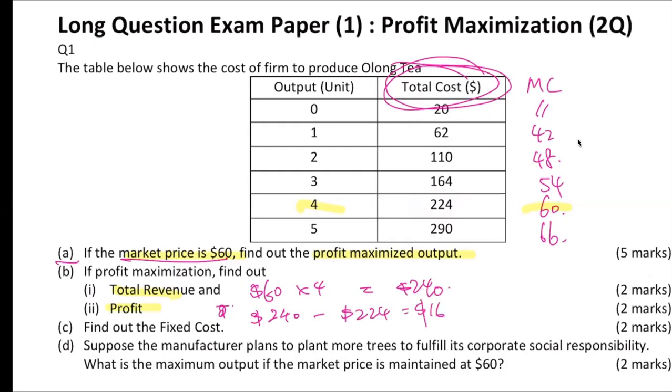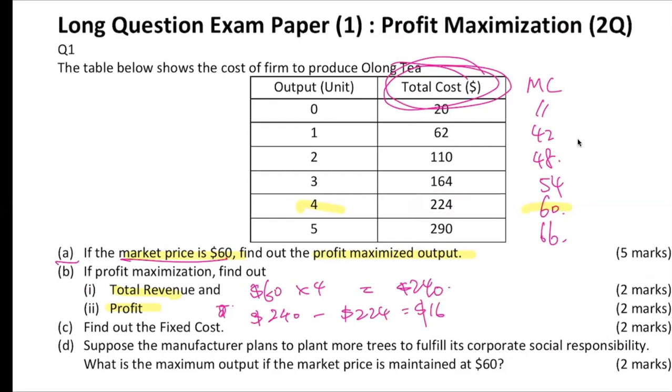Oh, I just realized the profit is the same as the next marginal cost for output 5. Other profits is equal to the marginal cost. Is that 16 or 66? 16, 240 minus 224.